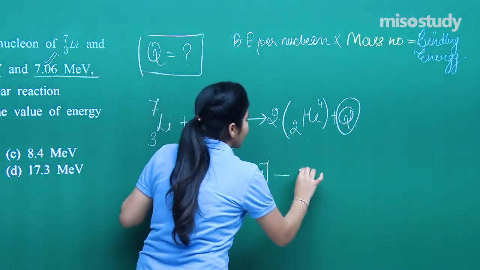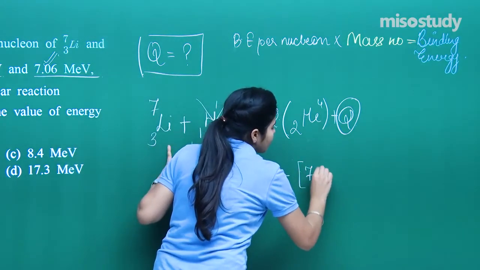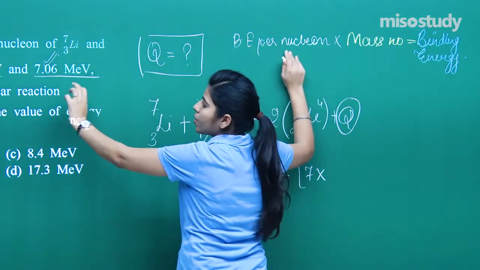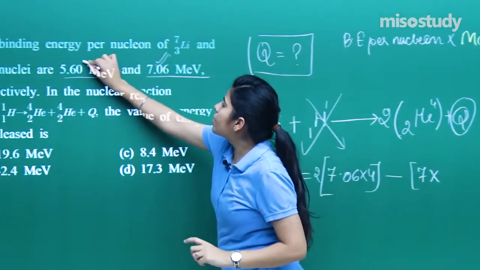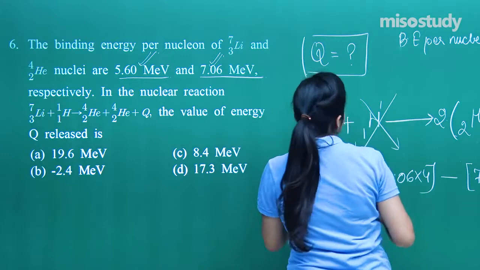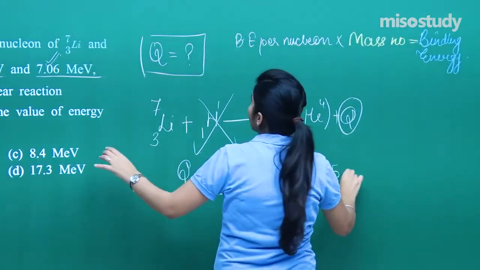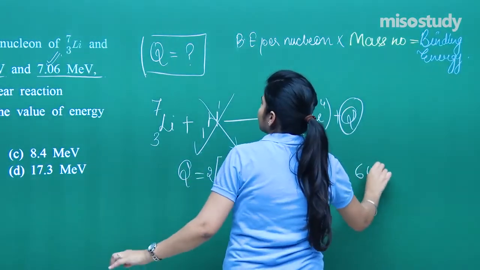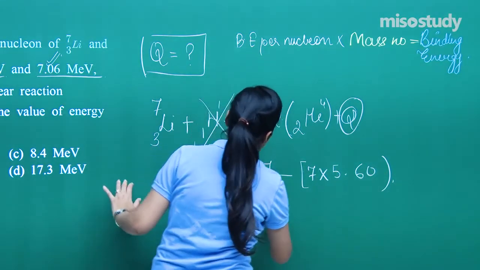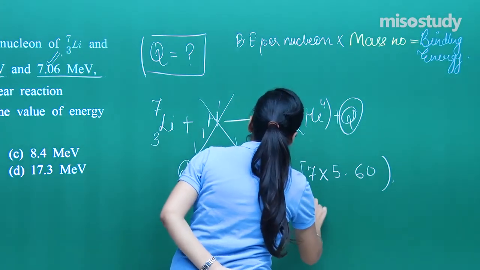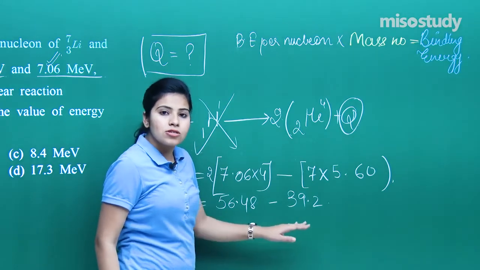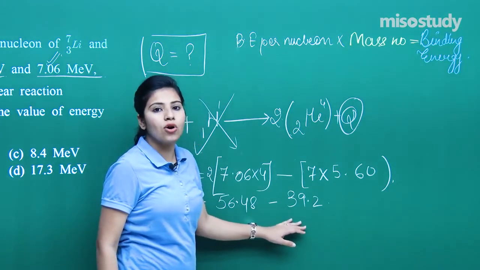So we will be multiplying the mass number by the binding energy per nucleon. The binding energy per nucleon for the lithium is 5.60 mega electron volt. So we will be putting this value 5.60. If you multiply it, you will have 56.48 minus 39.2. Now if you solve it, you will get the value of Q.